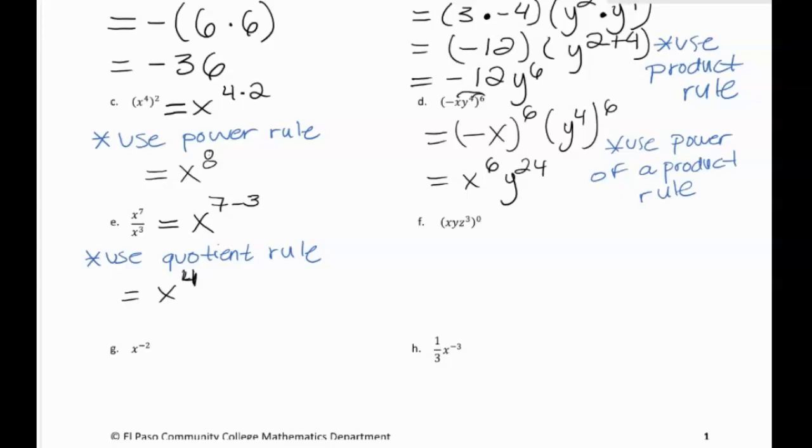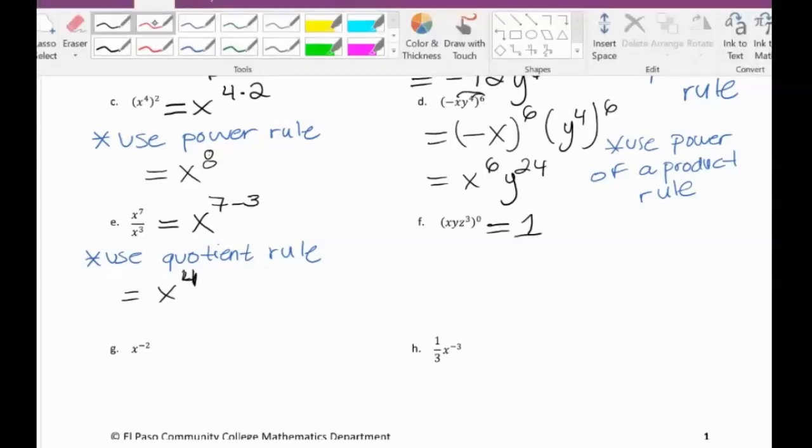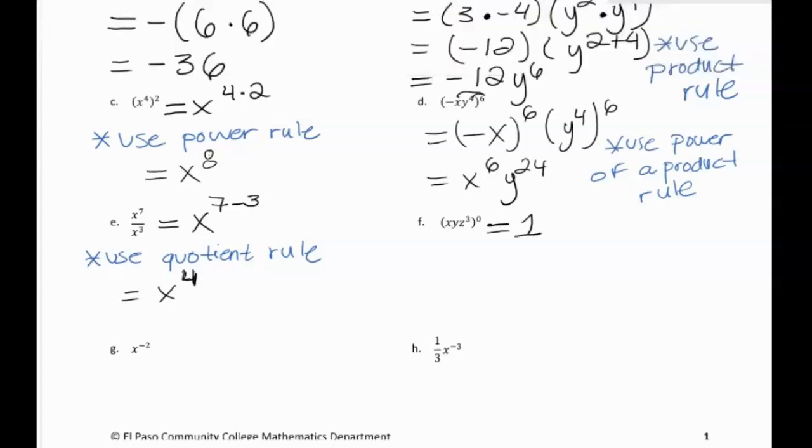Now for F, we have x times y times z to the third power, everything raised to the 0 power. This is going to be 1. Why? Because we are using our zero exponent rule.